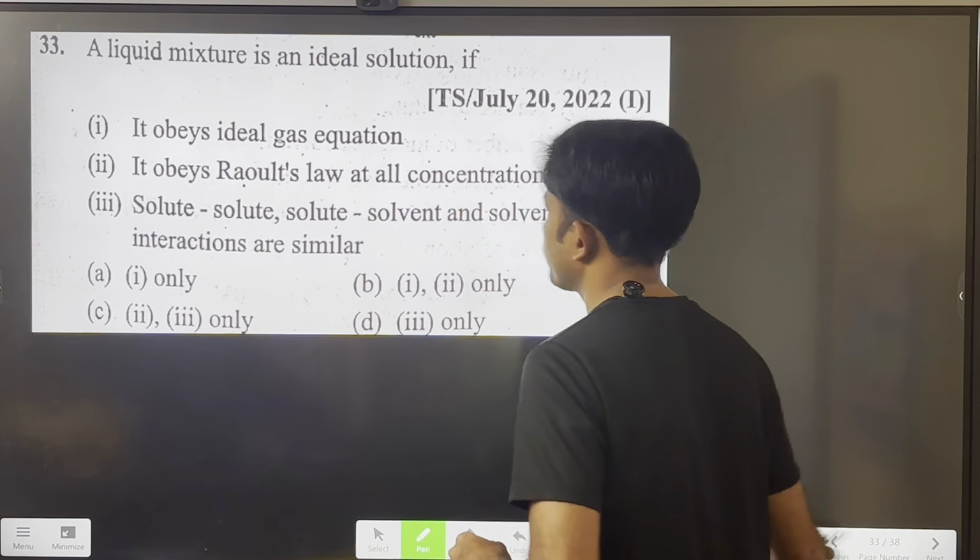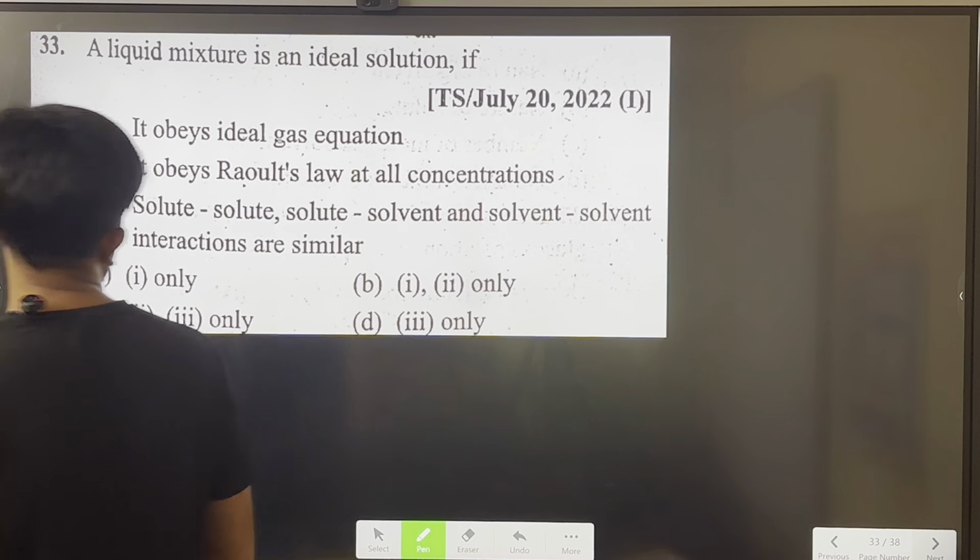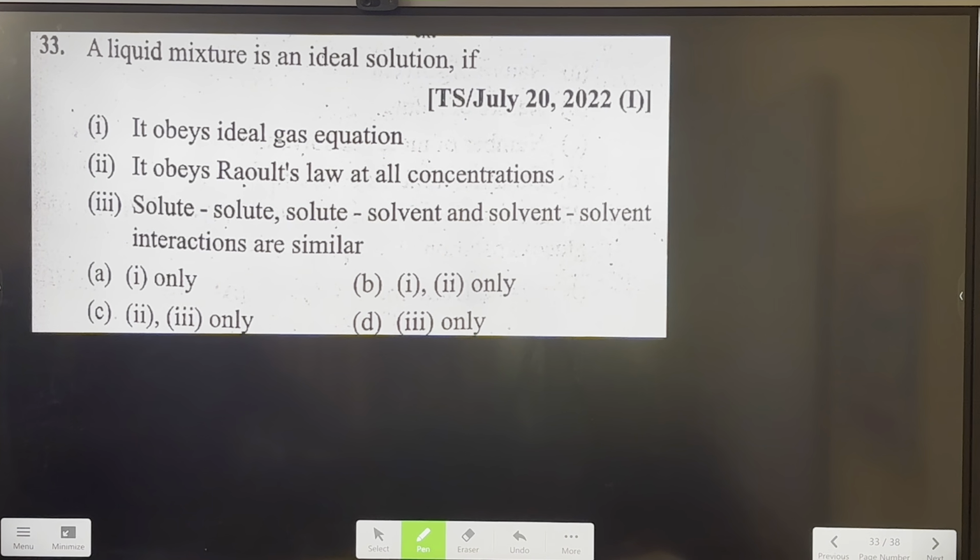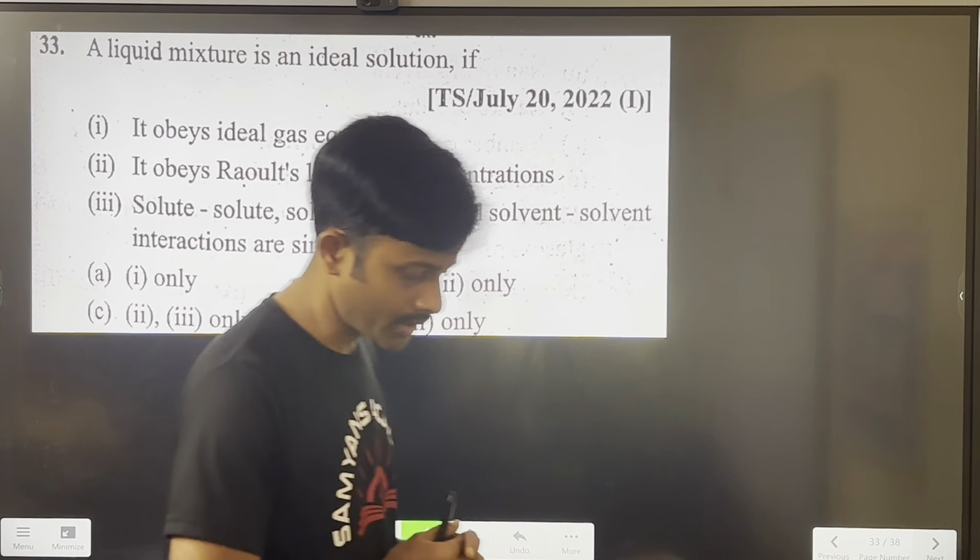Next question. A liquid mixture is an ideal solution if it obeys the ideal gas equation, it obeys Raoult's law at all concentrations, and solute-solvent and solvent-solvent interactions are similar. Okay, a liquid mixture is an ideal solution, right?